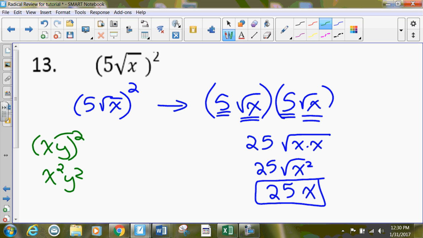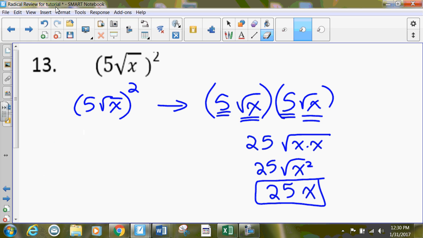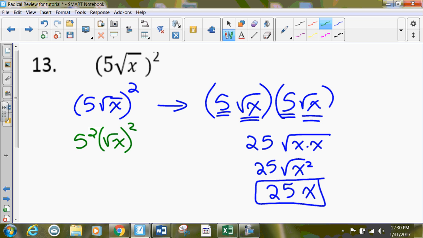We know that the power goes to both the x and y. So same thing here. If I have this squared, it's going to be 5 squared and square root of x squared. 5 squared is 25. The square root and the square cancel each other out, and this is the answer that we get.